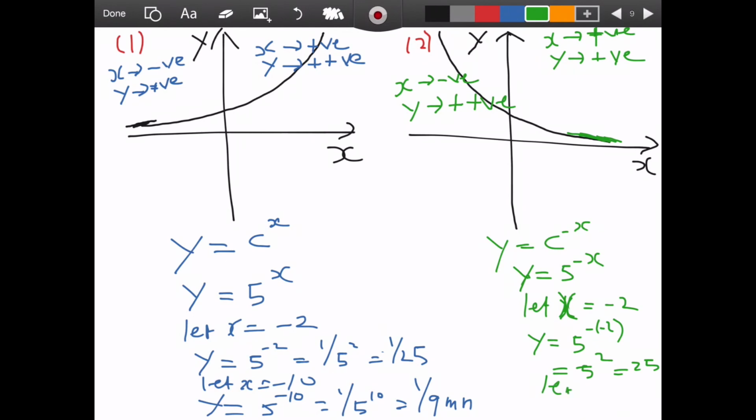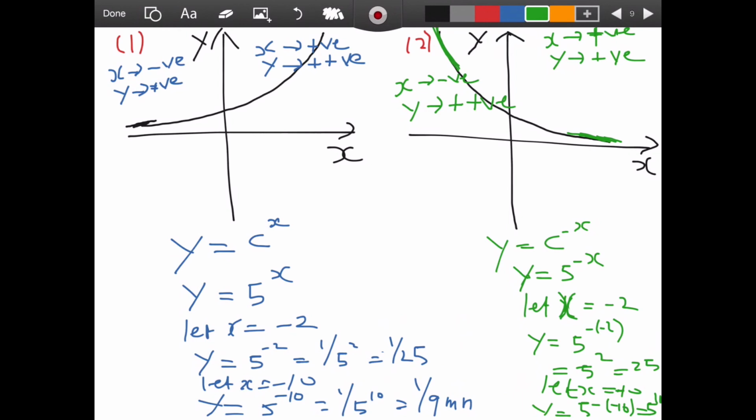And when x equals minus 10, y equals 5 power of minus minus 10, which is 5 power of 10, which is 9 million, which is what we solved just now. So when x is a negative number, y becomes increasingly large, and it follows this pattern.